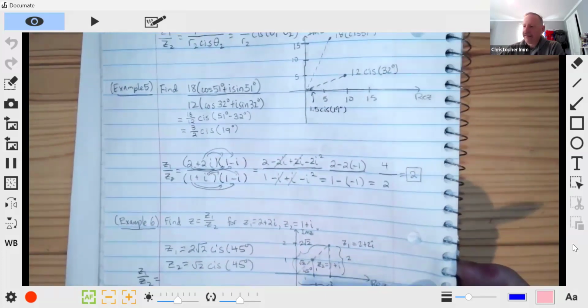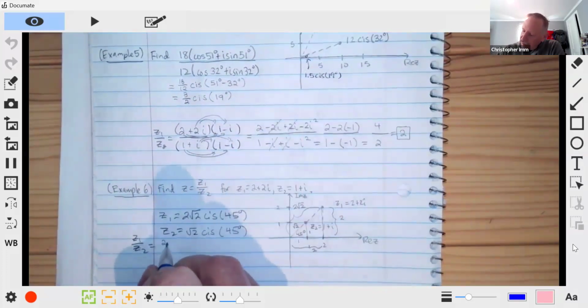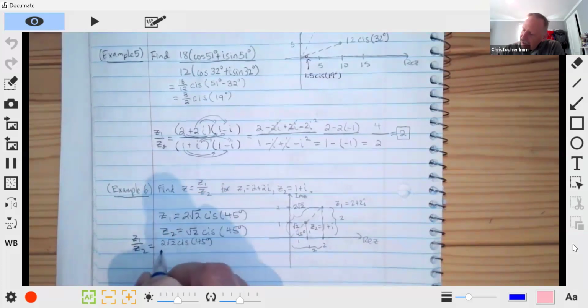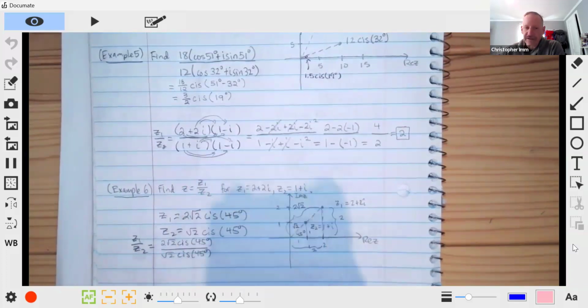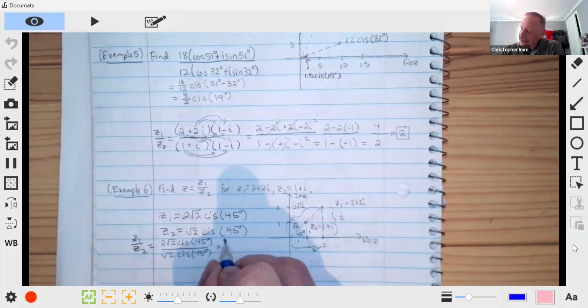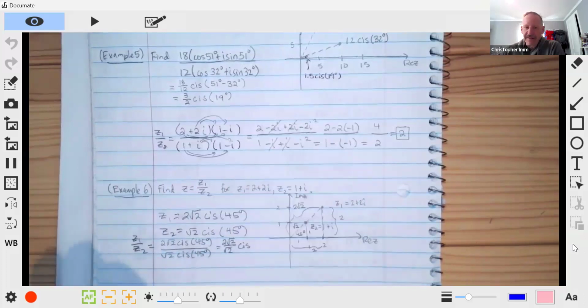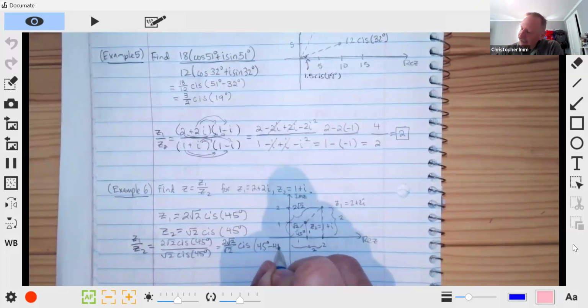So in this case, I'm going to go ahead and divide the moduli when we convert those into trig form. Dividing that, I get 2 root 2 over root 2, and then I have that shorthand notation cis of 45 degrees minus 45 degrees.